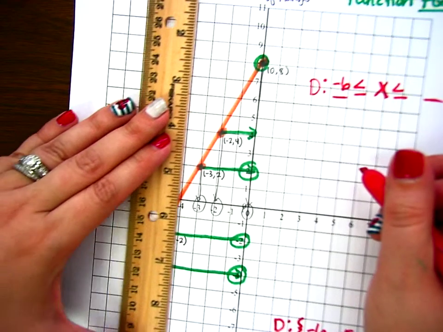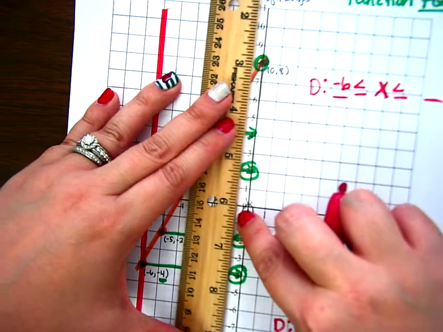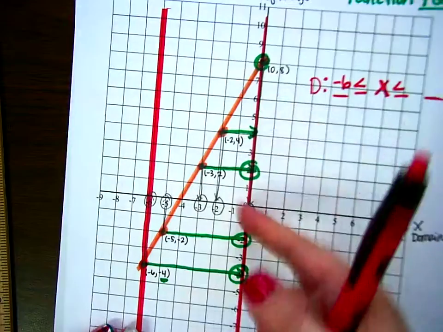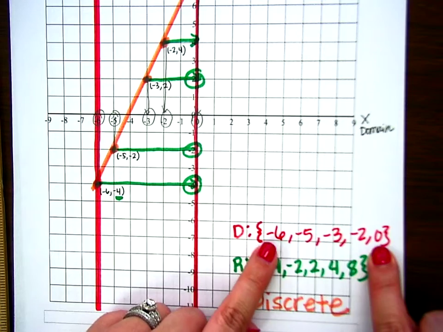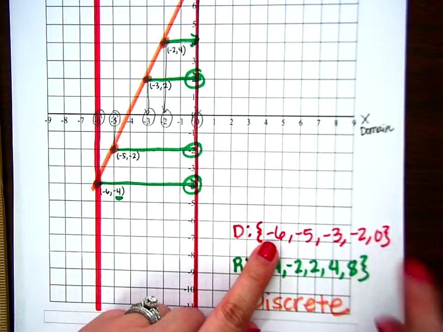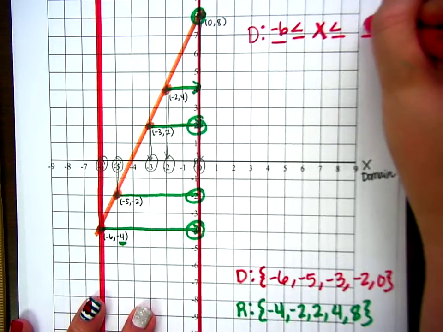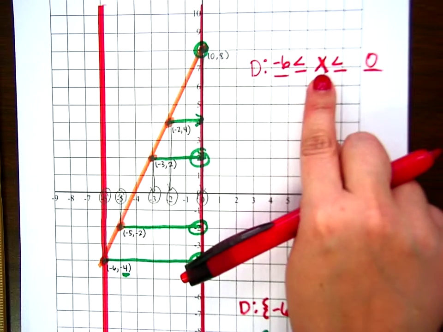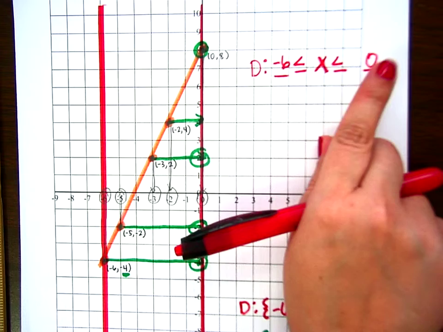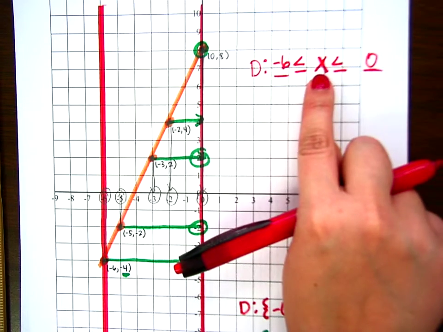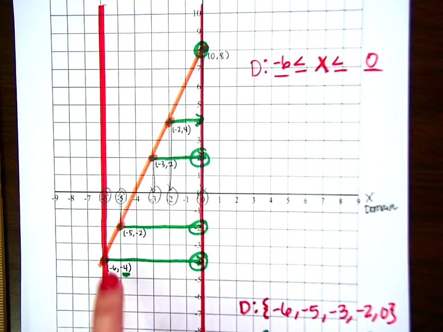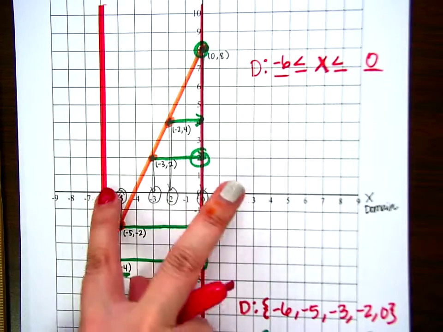This line stops along the x-axis at 0, when x is 0. I'm basically just taking this and finding my lowest x value and my largest x value. So my largest x value was 0. So there's my domain. It's all of the x values from -6 to 0. Basically this is saying that x is everything in between these two values, and that's what these two lines are showing here, that all of my x values are everything in between -6 and 0.